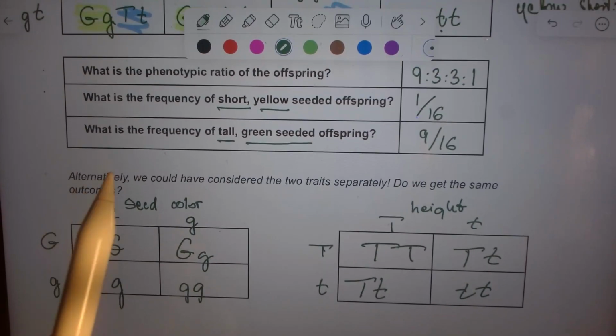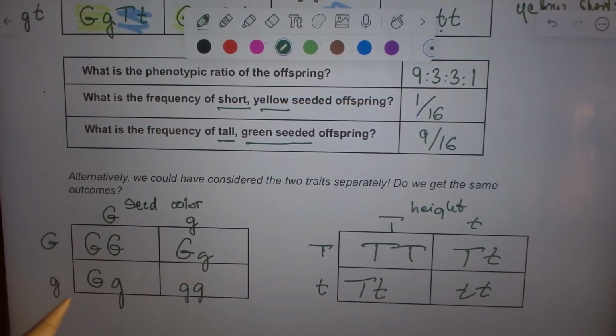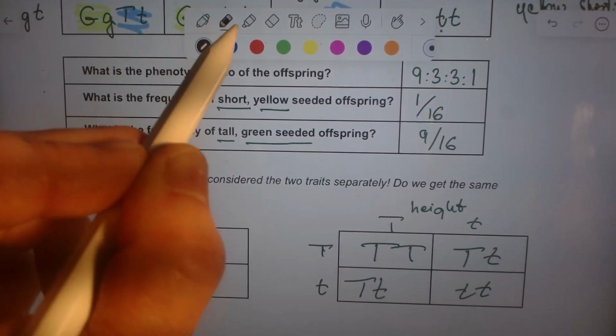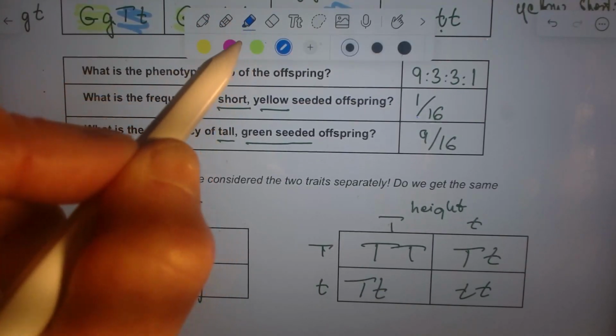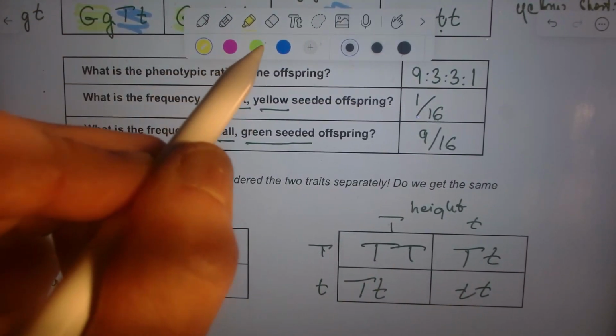And it's asking us, what is the short yellow? This is going to be yellow and short.